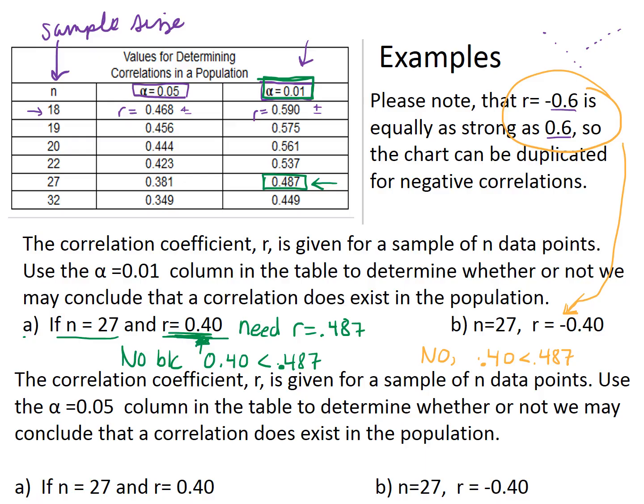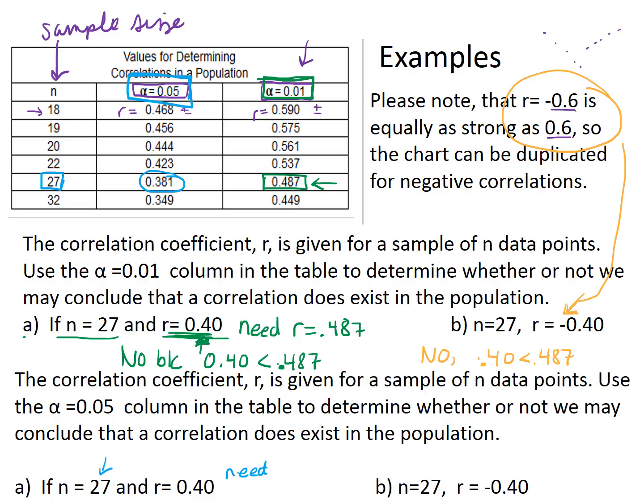The correlation coefficient R is given for a sample of N data points. Use the alpha equals 0.05 column. This time we're going to use this one to determine whether or not we may conclude that a correlation exists in the population. Again, we're using N equals 27, and R equals 0.4 again. This is what we need in order for there to be a correlation.